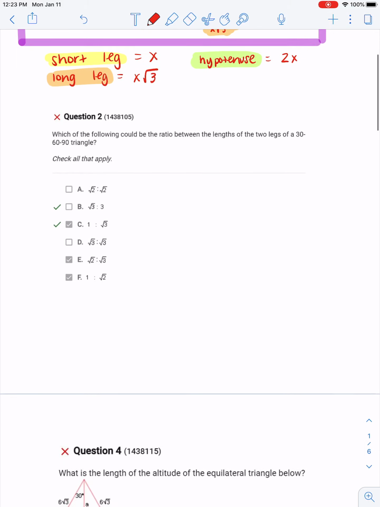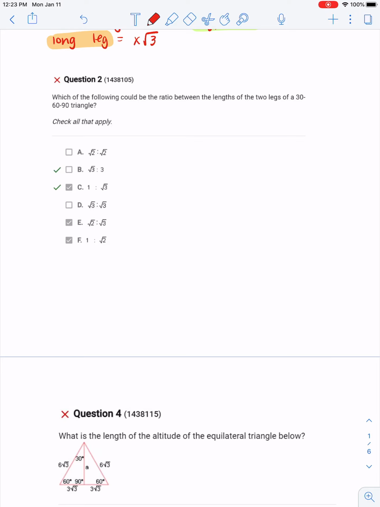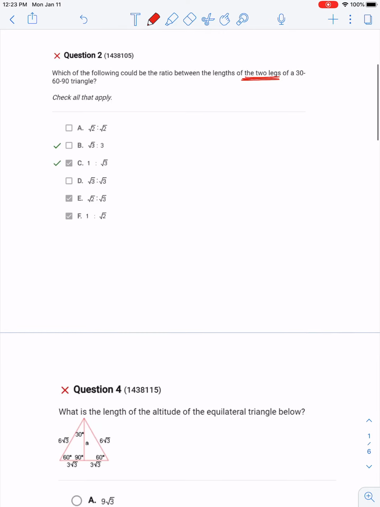It says, which of the following could be the ratio between the lengths of two legs? So the lengths of the two legs of a 30, 60, 90. So instead of going back up to the top, I want to draw this again. I think the more that you see it, the easier it will be to remember it. So here's a 30, here's a 60, and we have our 90 at the bottom.